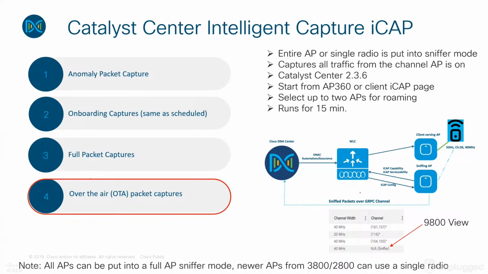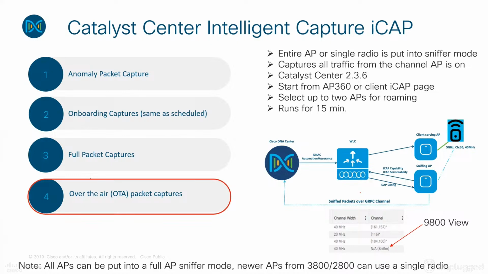So let's say you had a third-party AP that was a rogue AP, and you wanted to see traffic from that on channel 6. That sniffing AP would pull that in to Catalyst Center and allow you to view those packets in Wireshark.